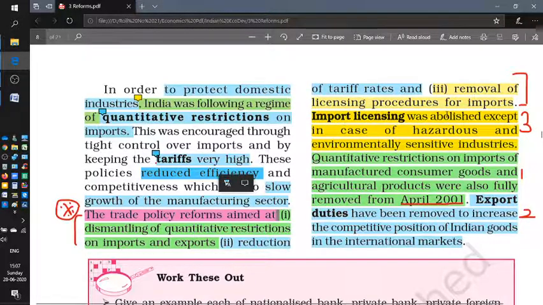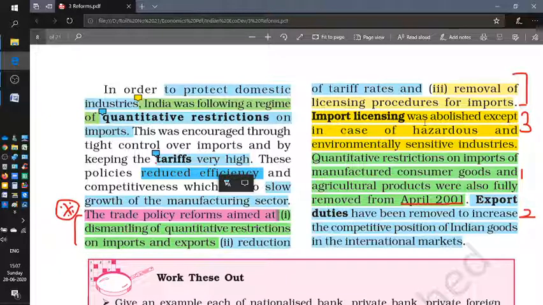Import licensing was abolished, except in the case of goods that are hazardous and environmentally sensitive, those chemical in nature, threatening the health or the environment. Only those that need to be carefully studied before being allowed in are still under import licensing. Except these, all others you can bring in, no more license required.